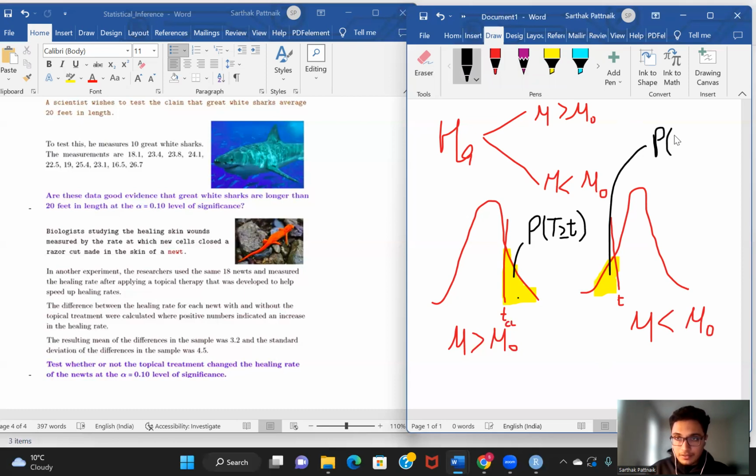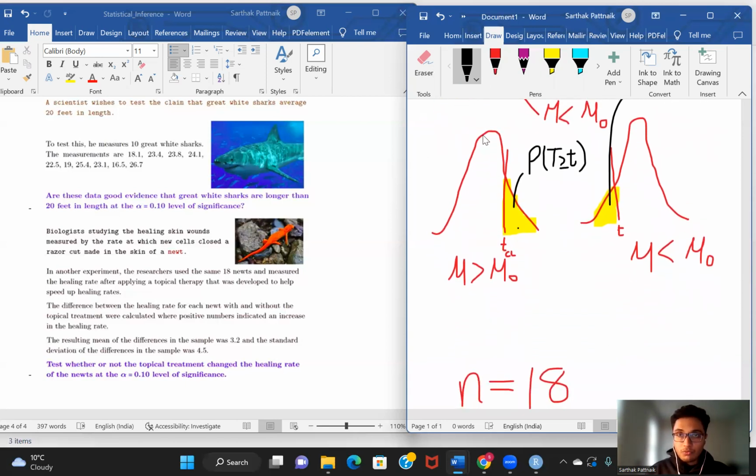This is P of T less than t. This is the probability that we need to calculate. This is the first condition that we have for alternative hypotheses: for one-sided alternative hypotheses, mu greater than mu naught and mu less than mu naught.